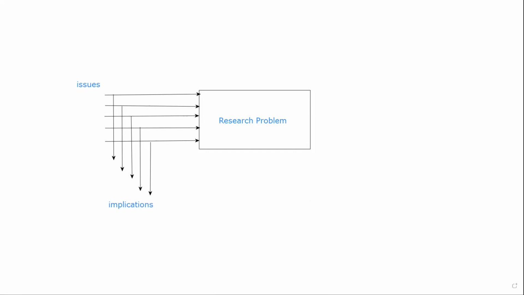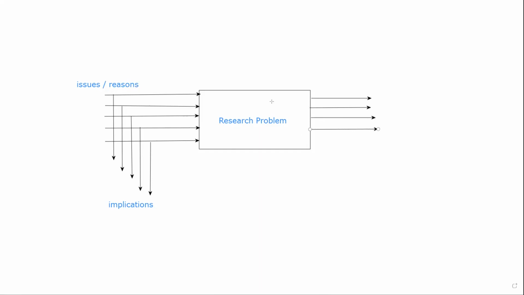When we understand these implications, you will understand the importance of resolving the problem. Okay, so from the initial step we find out issues or reasons. When you know the reasons, each reason will have certain implications. Otherwise, the problem will have certain implications. Whatever problem we are researching, that problem will have implications.